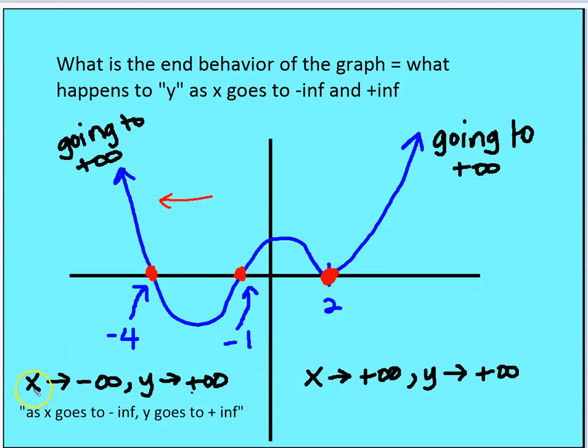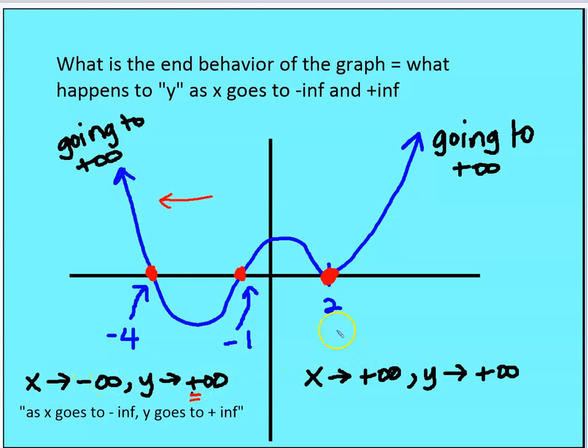And so we write end behavior this way. X arrow negative infinity, so as I go to negative infinity, to the left of the x-axis, y is going to positive infinity. And so for me, by the way, I always write the positive down mostly, but it's assumed that it's positive if you don't write a positive value. But you have to write the negative sign if it's negative.